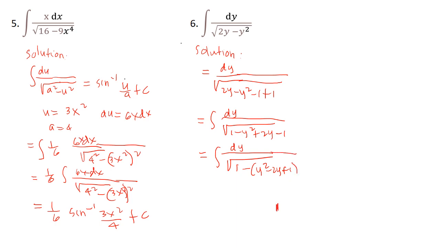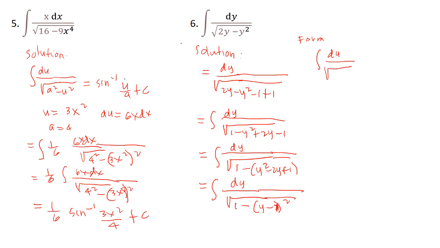Or rewrite again to integral of dy over square root of 1 minus (y minus 1) squared. So the form now is integral of du over square root of a squared minus u squared equals arc sine u over a plus c.